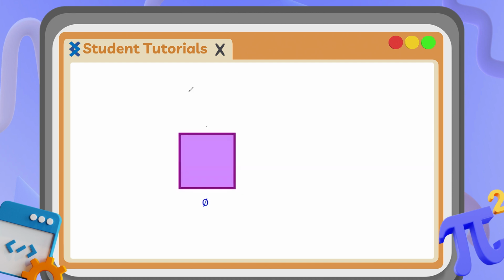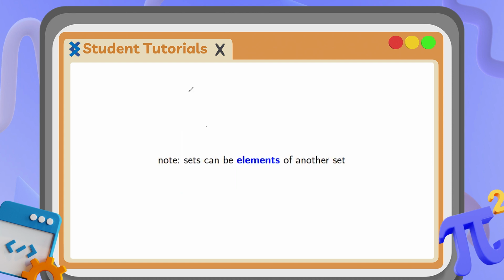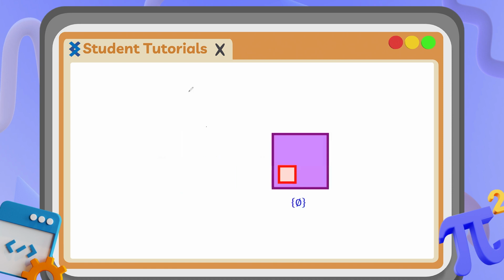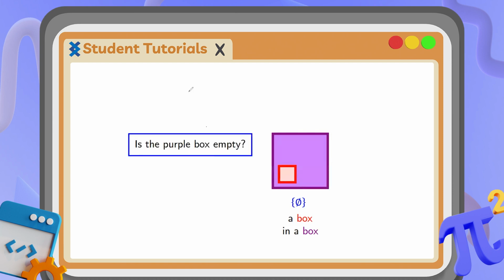So therefore, it's null. Next, we have to take note also that sets can be elements of another set. So in this item, we have a set containing a set which is null. So a set containing a null set. It's also a box inside a larger box. So is the purple box empty? No, because we actually have a null set, which is represented by this one over here.